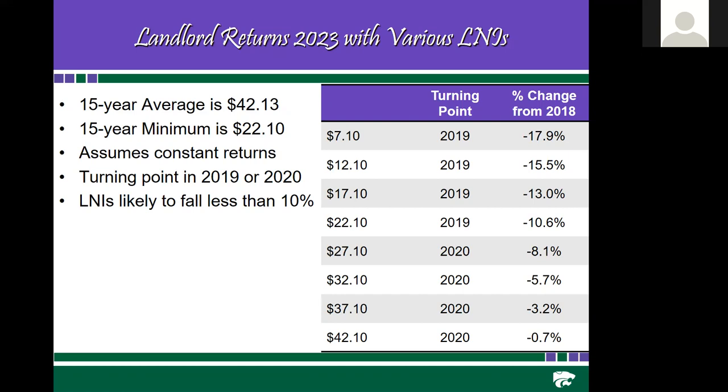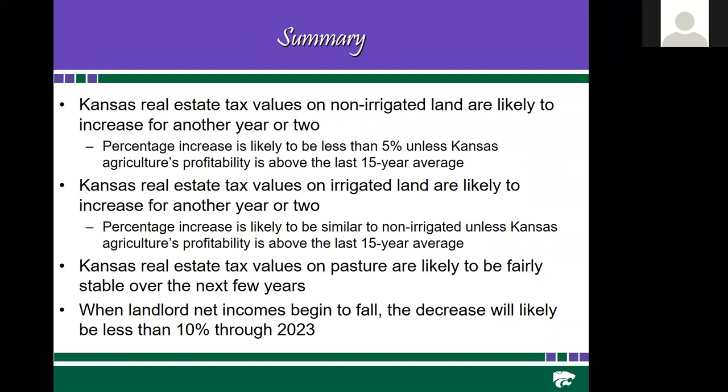Hopefully we're not going to fall below that. But essentially, looking at this, we'll end up seeing probably a drop over the next 5 years of less than 10% would be my estimation. And so once we get to that turning point, we may end up losing 2 to 3% on a yearly basis.